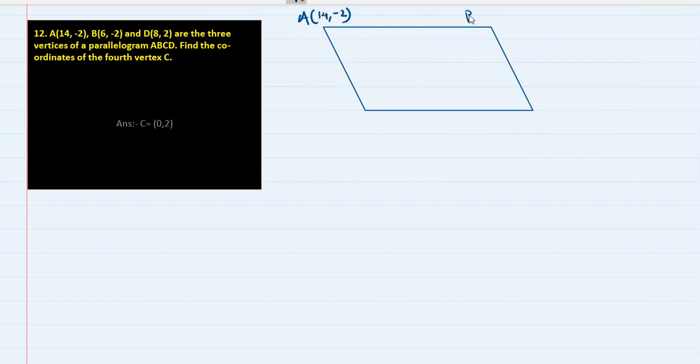Point B is 6 comma minus 2. Point C is not known, so I will take it as x comma y. Point D is 8 comma 2. These are the vertices of parallelogram ABCD. Find the coordinates of the fourth vertex.